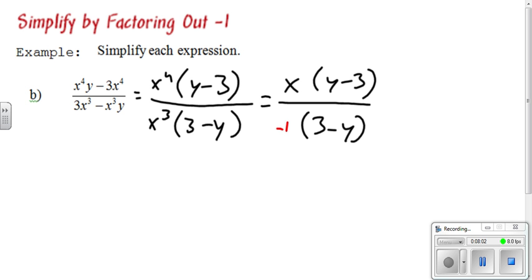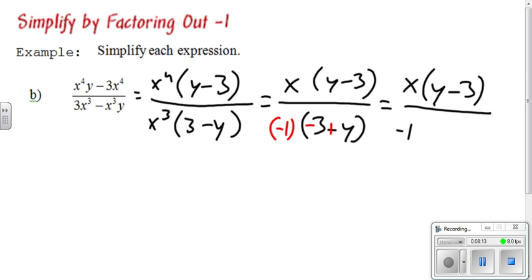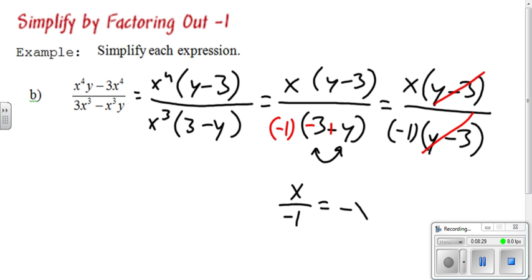Pull the negative 1 out of this one, so negative and plus. The commutative property means we can flip these two around. So positive y, negative 3. Cross out these factors. We're left with x over negative 1. So negative x is our most simplified version of this expression.